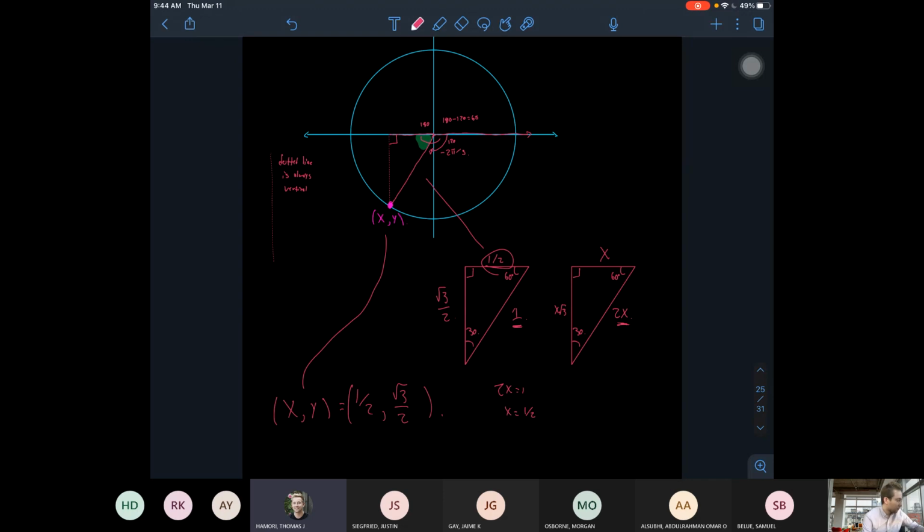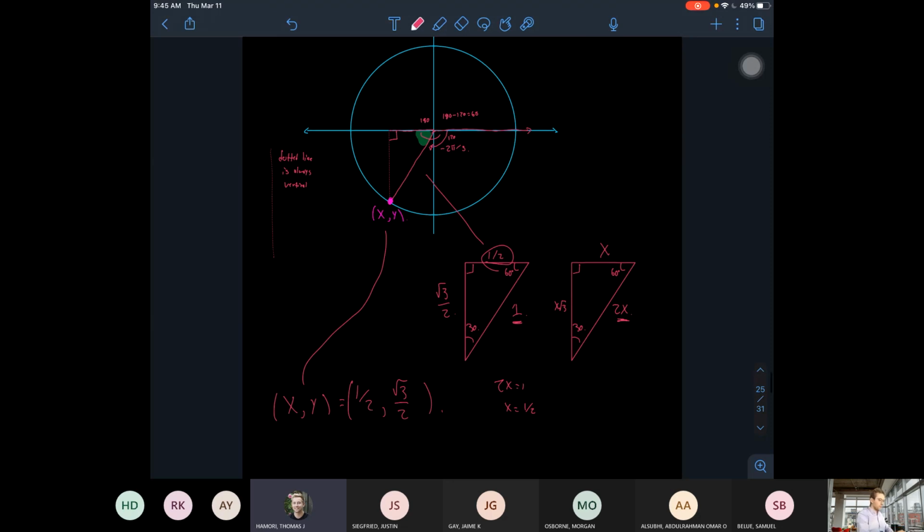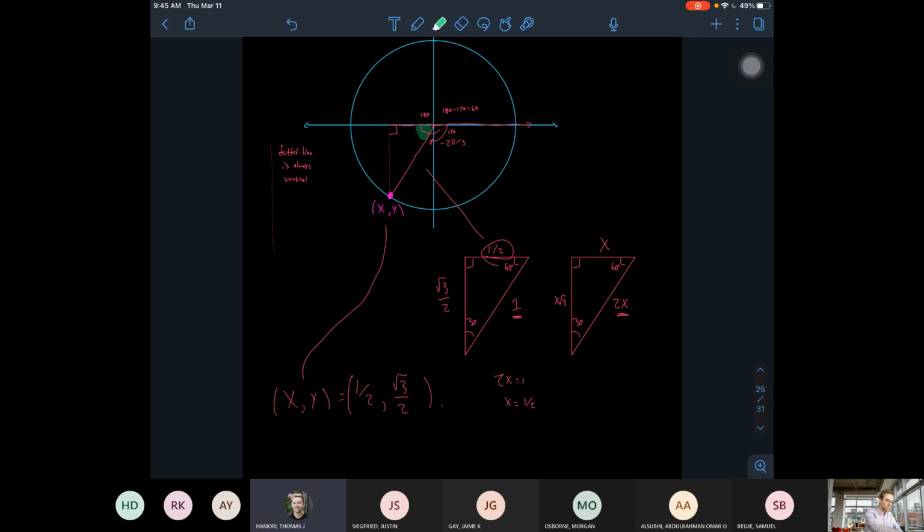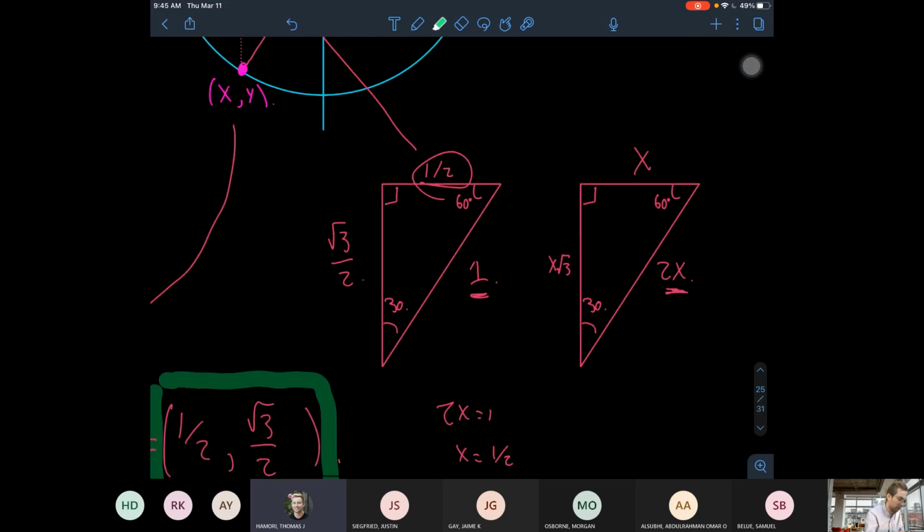Does anybody see a problem with my solution? In the end, I found that the point x y should be 1/2 comma square root 3/2. Yeah, that's right. It should be negative. Okay, so this is one thing we have to be a little bit careful with.